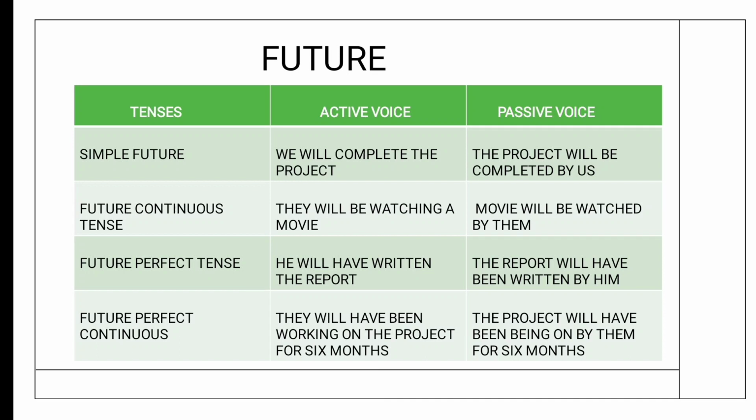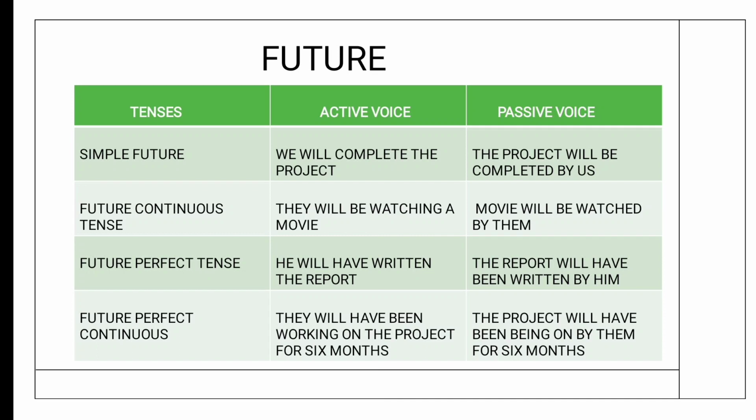So here the main object is the project. So the project will become the subject here. The subject will be the same. Then we need to add being because it is continuous tense. Working on by them, right? Working on the project here in the active voice. So we have to add: the project will have been being working.